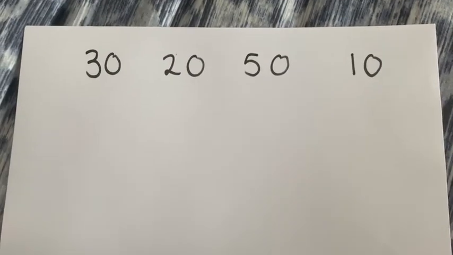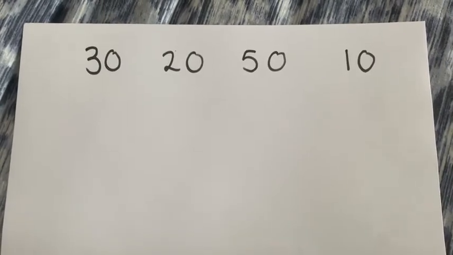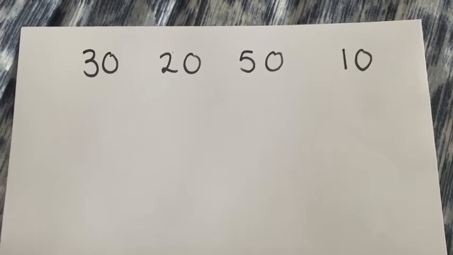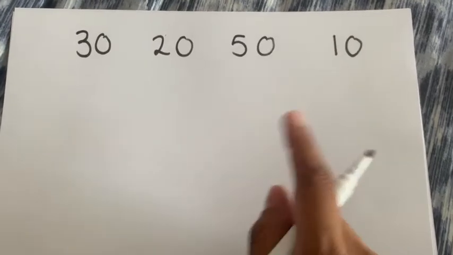Let's have a look at these numbers. What do you notice about each of these numbers? That's right, they all end in 0, which means that they are all tens numbers. We're going to look at these numbers and try and put them in order. How many tens does each number have?